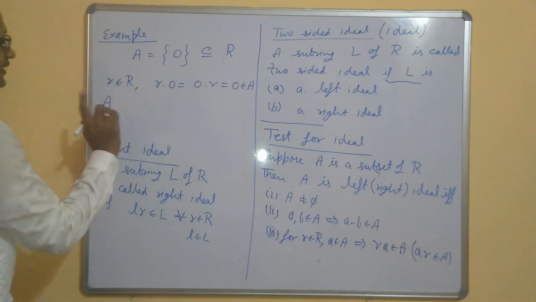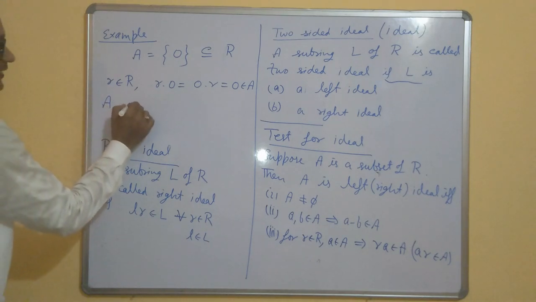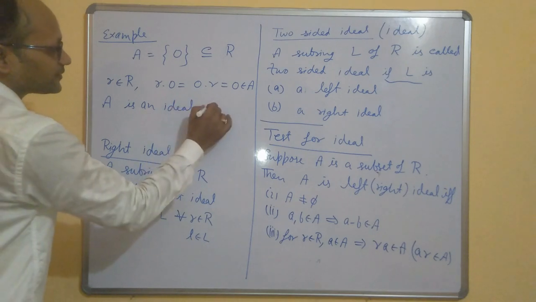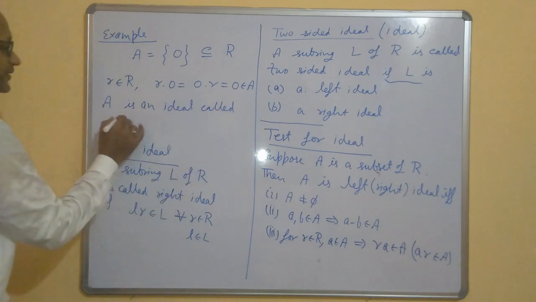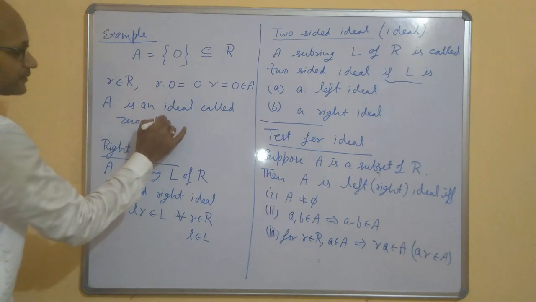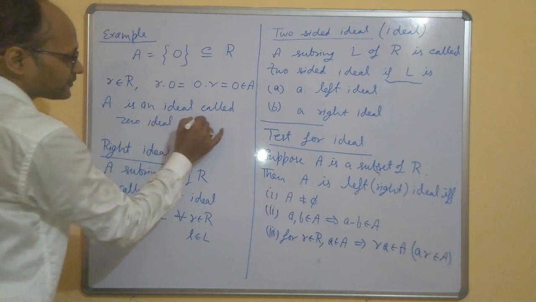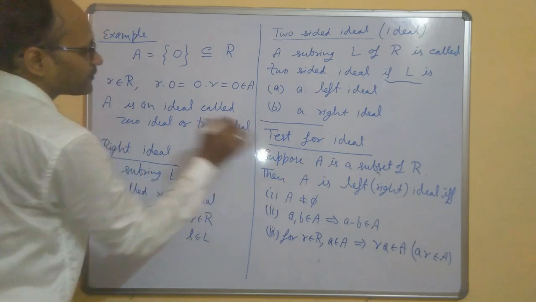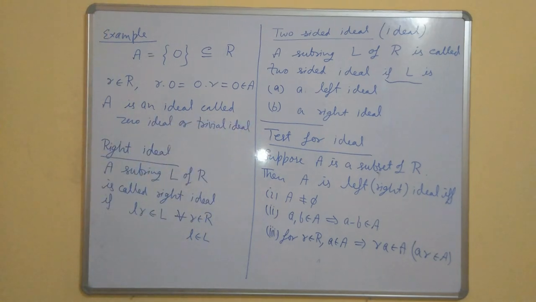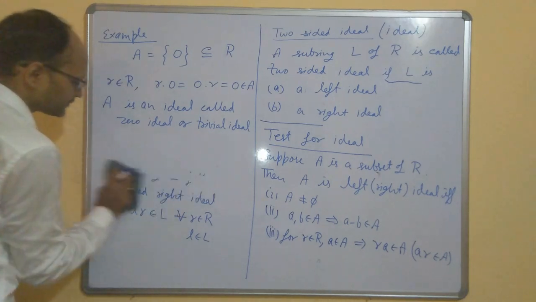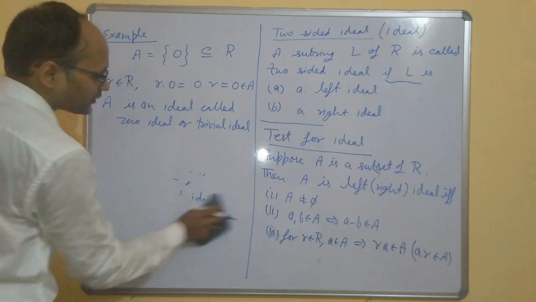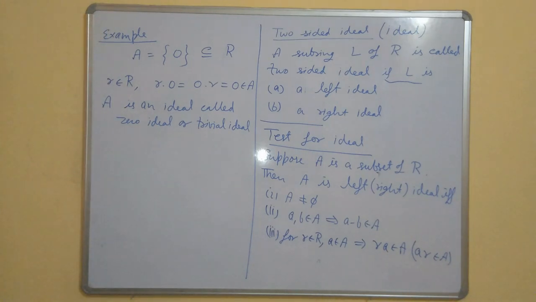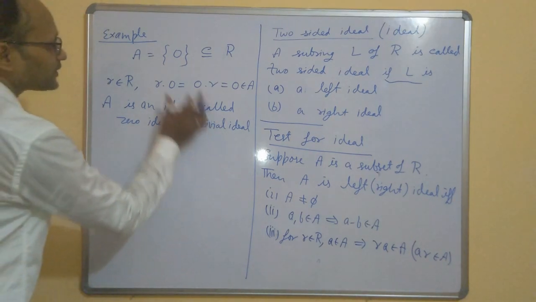So A is a two-sided ideal, so A is an ideal, called zero ideal or trivial ideal. If I say non-trivial ideal, it means that ideal is not equal to 0.